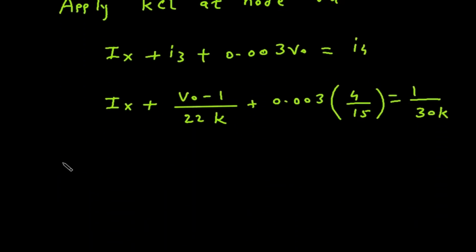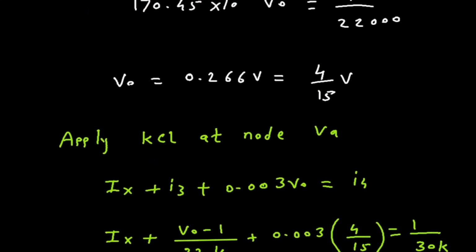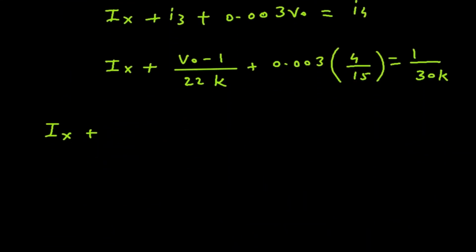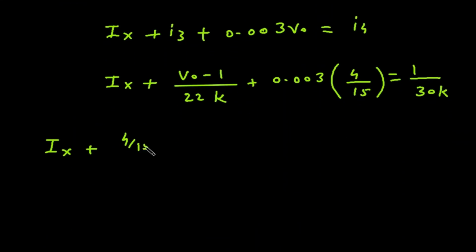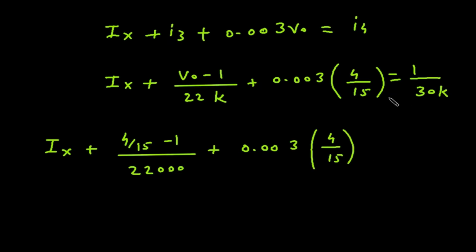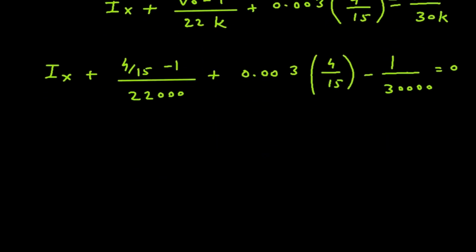So this will be Ix plus VO is 4 by 15. So 4 by 15 minus 1 divided by 22,000 plus 0.003 into 4 by 15 minus 1 by 30,000 is equal to 0.